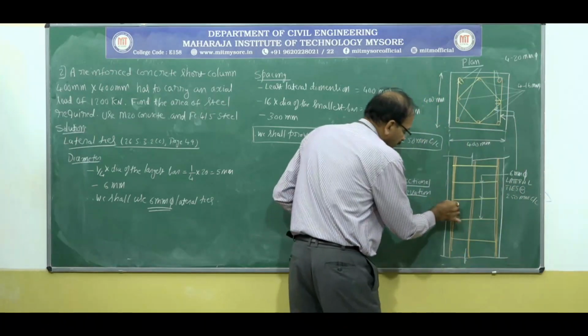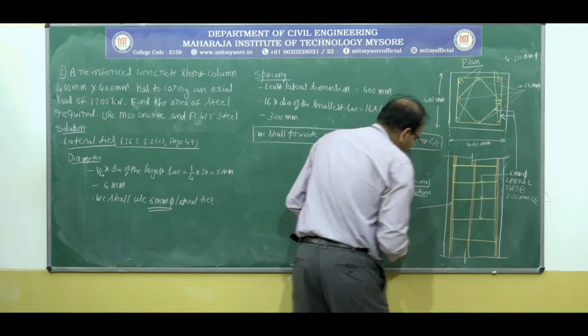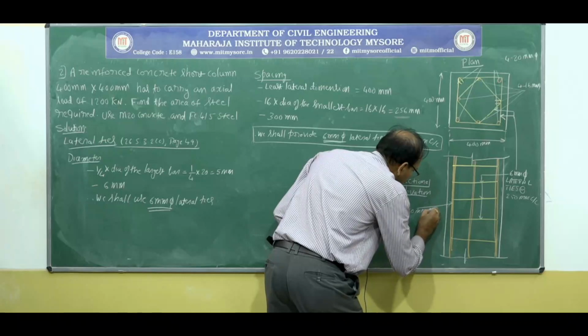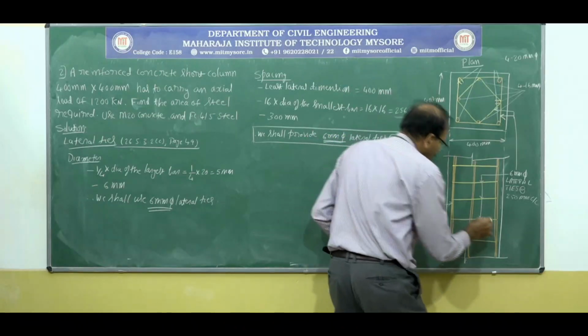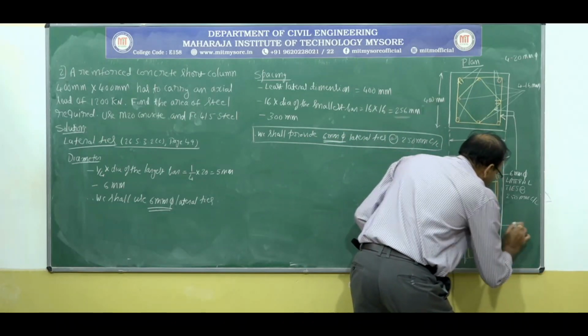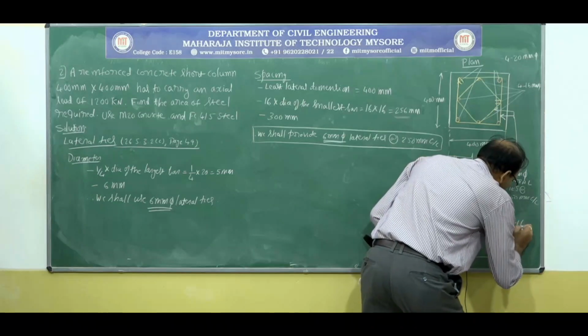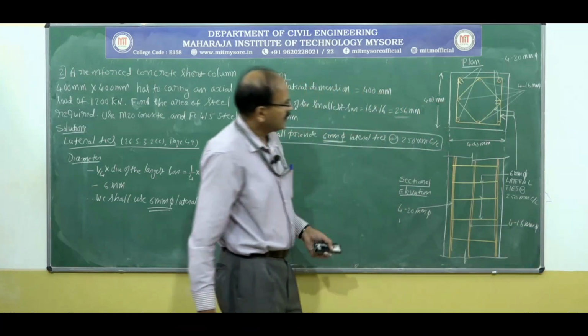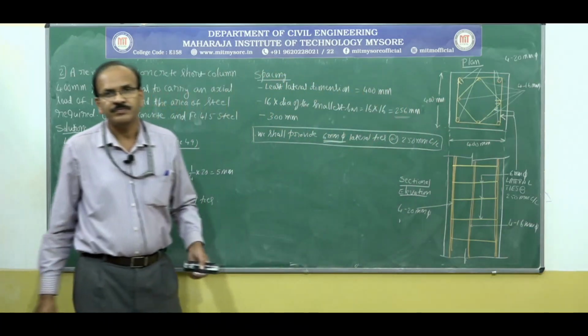These are the main bars: 4 of 20 mm dia, and again 4 of 16 mm dia. So this completes the problem.